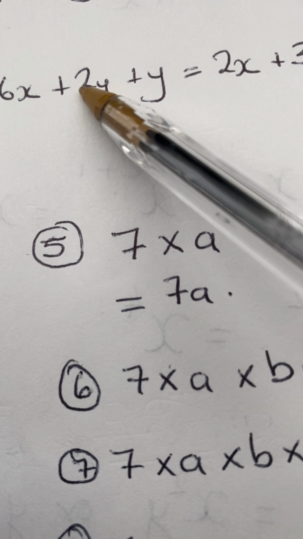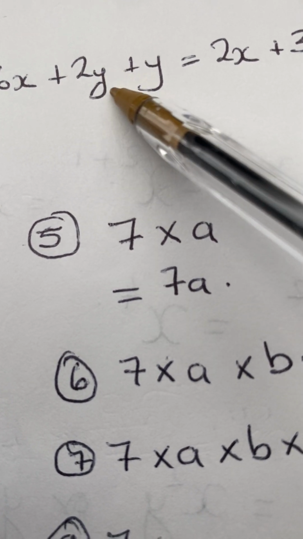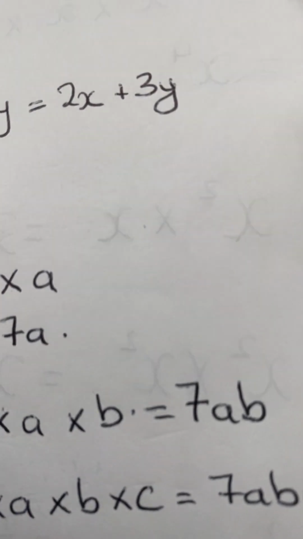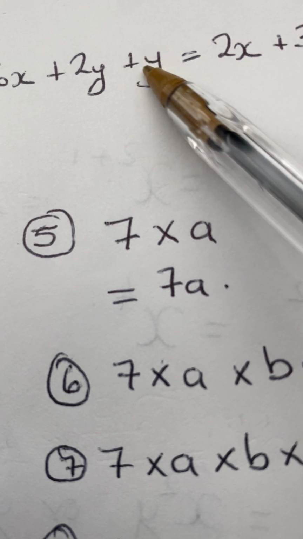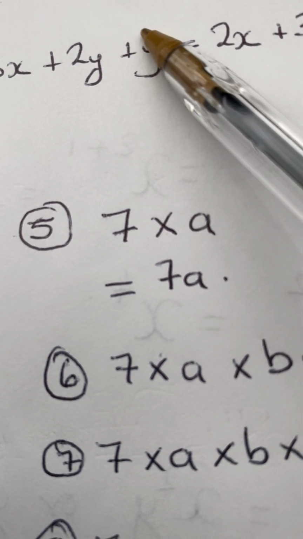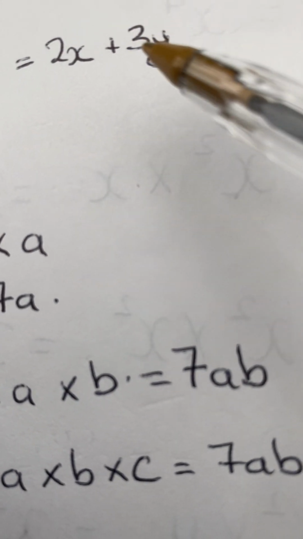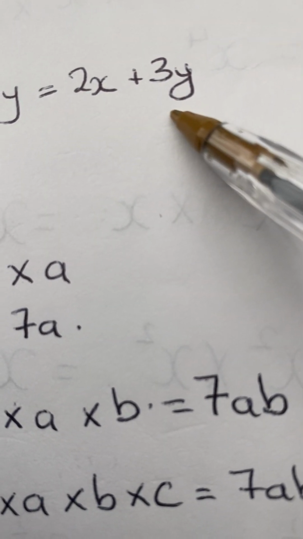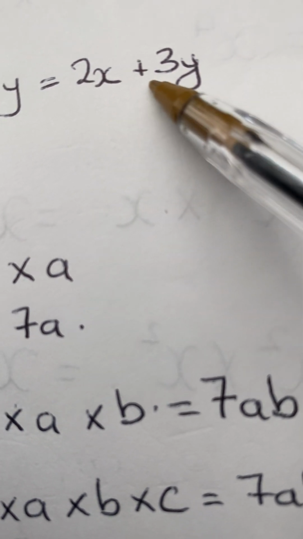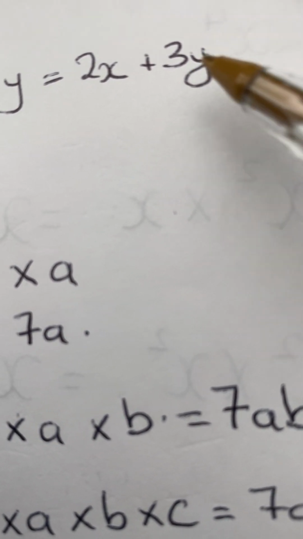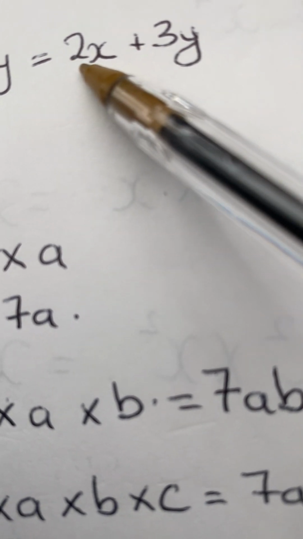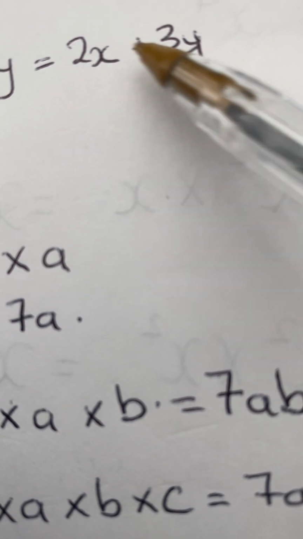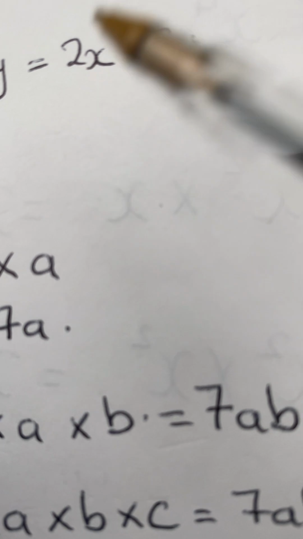This is maybe 2y or 2 oranges, add another orange, you get 3y. Remember we said y can be viewed as 1y, but we don't normally write it. So this is our answer, 2x plus 3y. We can't simplify any further, and we can't introduce a bracket because 2 and 3 don't have any common factors.